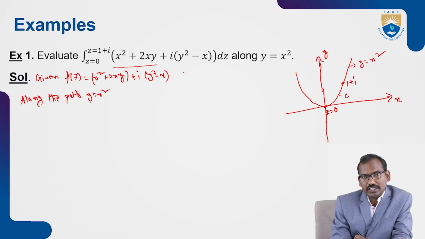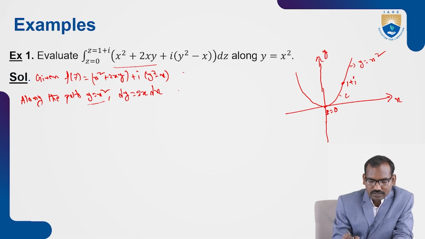In this path there is a relation between x and y. This is the relation. Now I can write the derivative of y. The derivative of y will be 2 times x dx. On this path, the derivative of y will be like this.